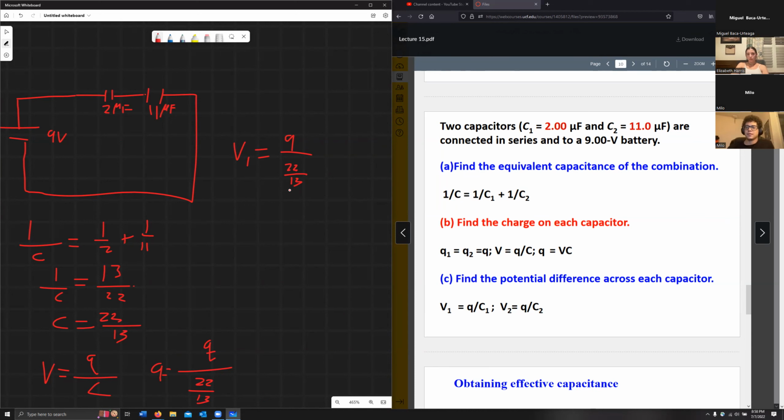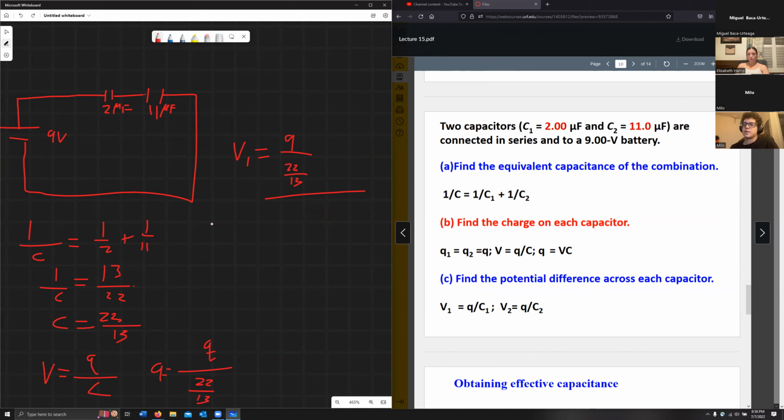Then you divide by the individual capacitance. Q is, so this is Q, and then you divide that by the capacitance. So you would do 22 over 2 or 11. No, because that's the total. Oh, you're right.